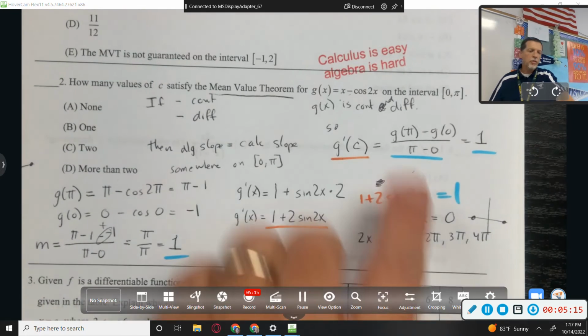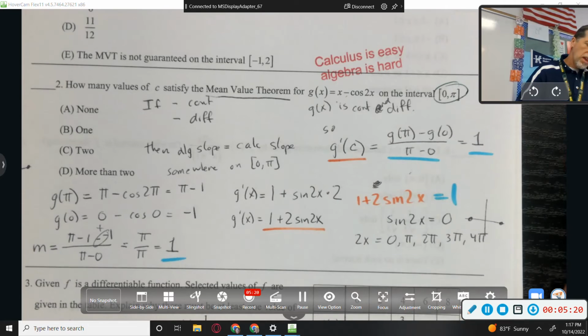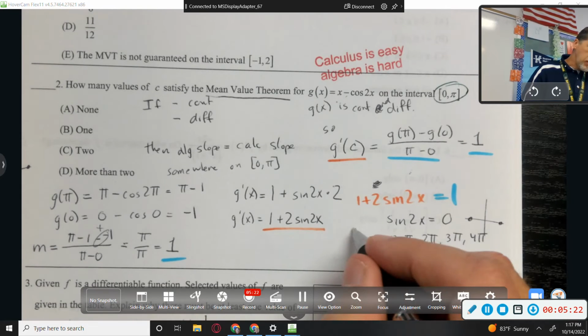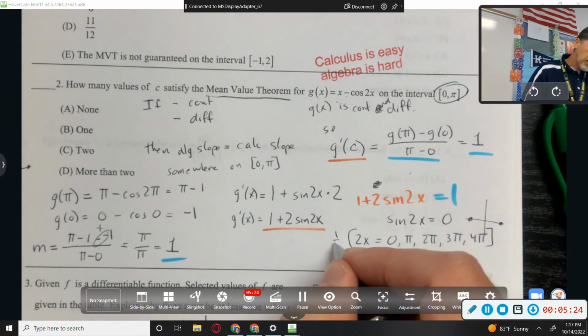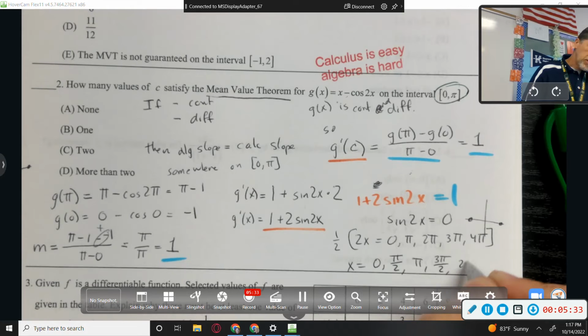So sine of 2x equals 0. Where does sine equal 0? At 0 and pi. But that means I need 2x to be 0 and pi, and since I've got this 2 on there, 2 pi and 3 pi and all the multiples of pi. Now, I'm going to have to throw some of those out because I'm only allowed to look between 0 and 2 pi. If I divide everybody by 2 to get x by itself, I get 0, pi over 2, pi, 3 pi over 2, 2 pi.